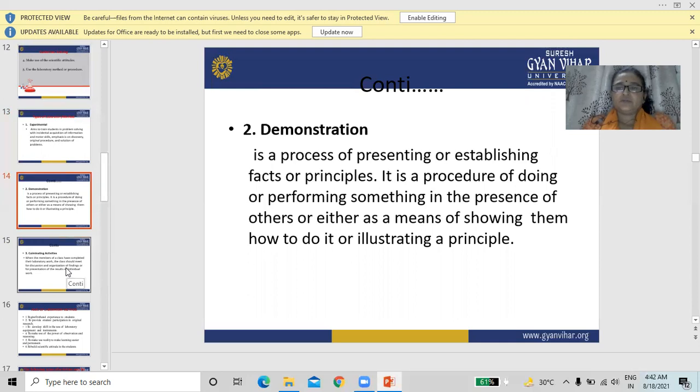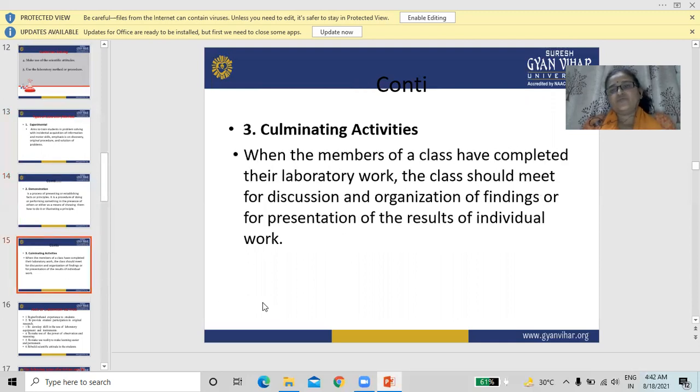Next, types of laboratory method is accumulating activities.